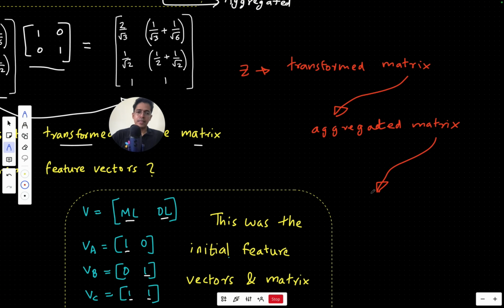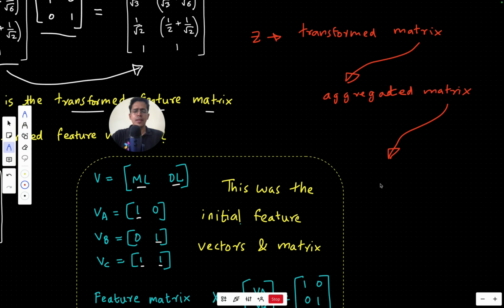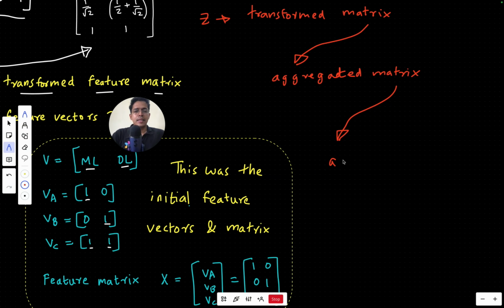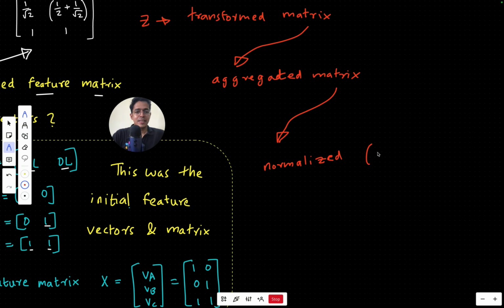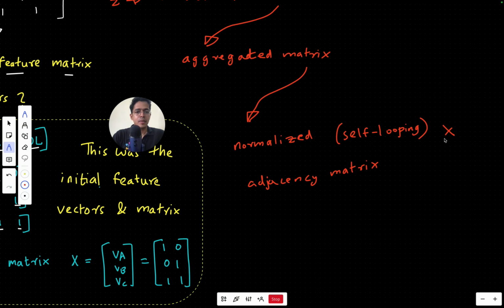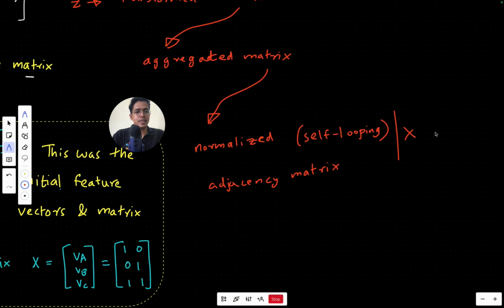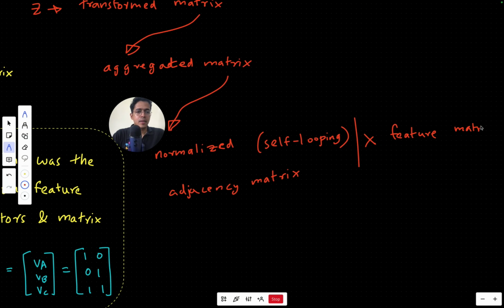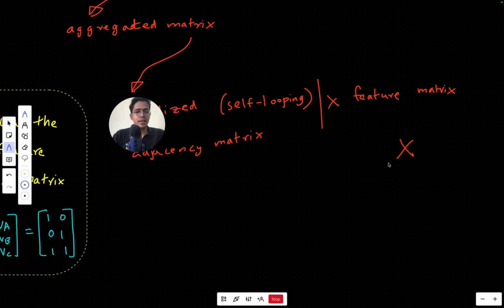This aggregated matrix was the adjacency matrix, not adjacency matrix, normalized self-looping adjacency matrix multiplied by features, the initial feature matrix. So the feature matrix is X.